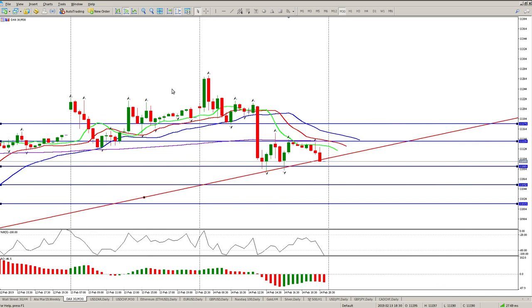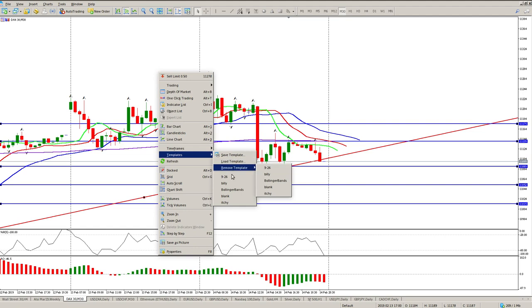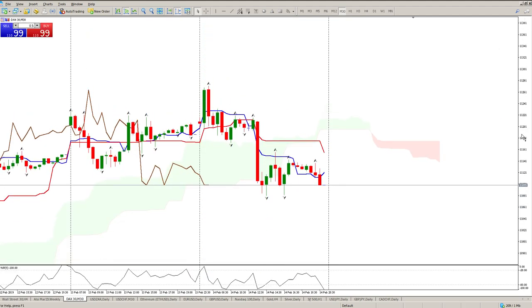Okay, yeah. So let me just close off with the Ichimoku, sorry, not the alligator. I just want to point out here, we do have pretty much nothing going on with Kijun and Tenkan. So Kijun is pointing down, which is a fairly strong indicator because that is your long-term momentum, and Tenkan is your short-term momentum.